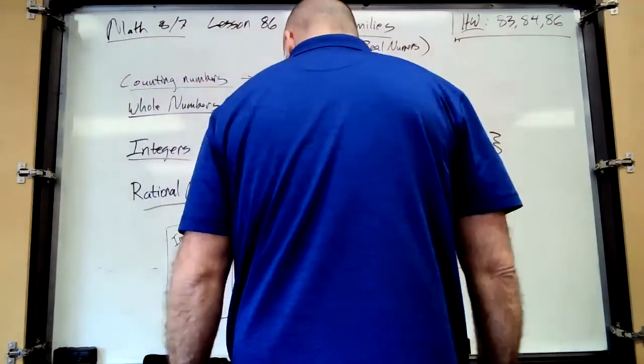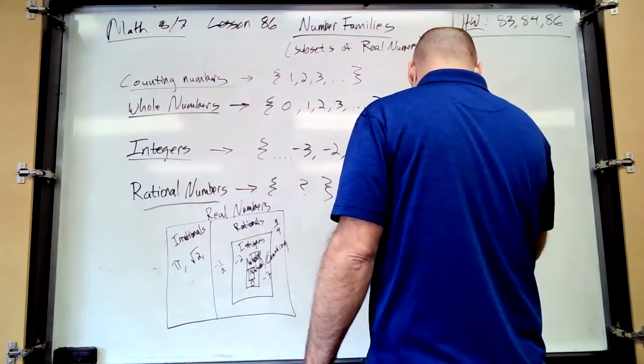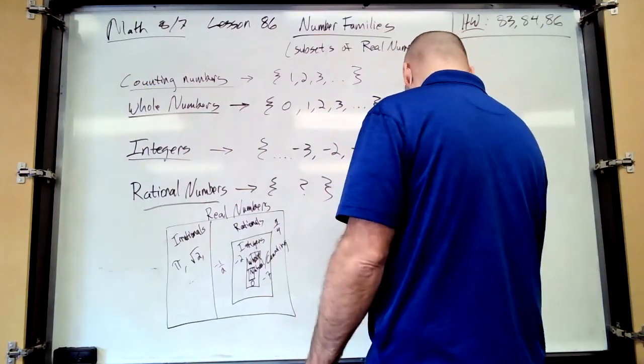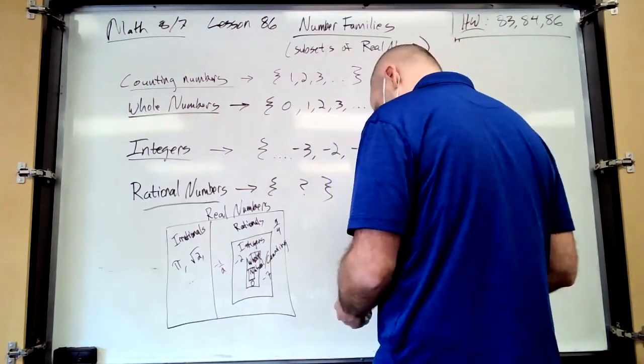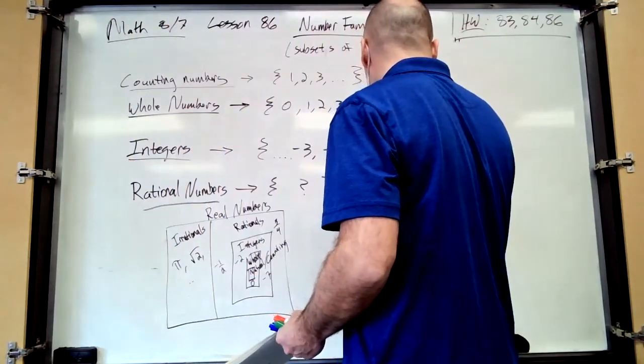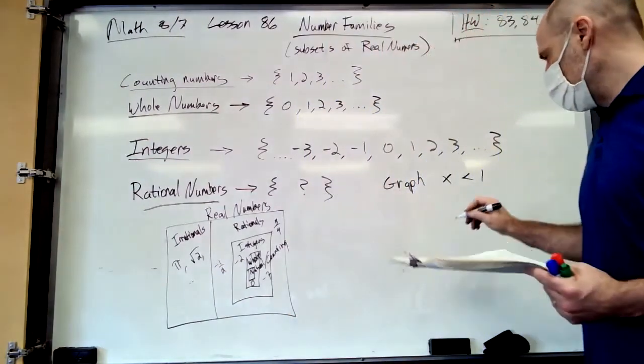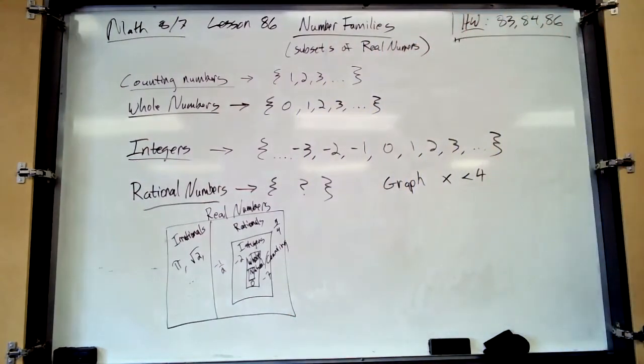When you graph, have we done graphing on a number line yet? Yes, we have. So when I say graph x is less than 4, have we done that yet? Do you know how to graph that? Yeah.